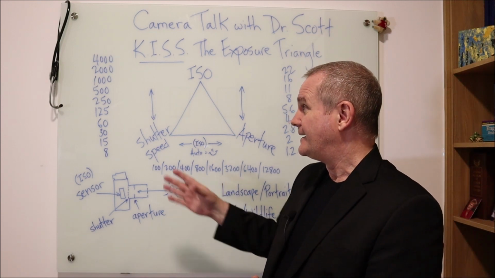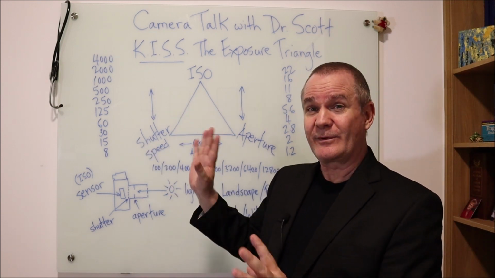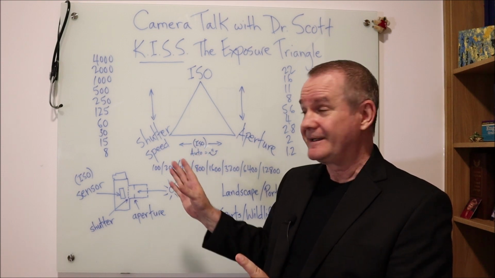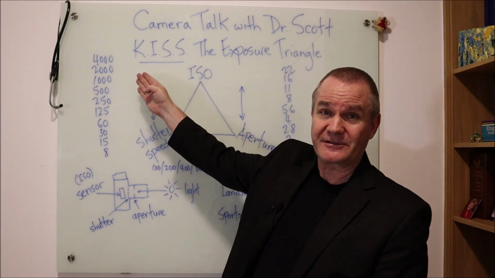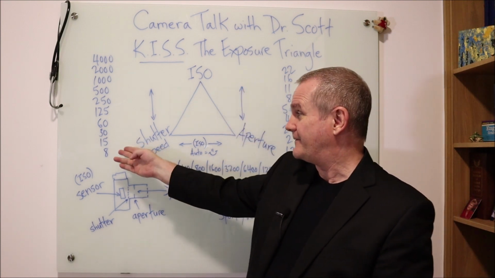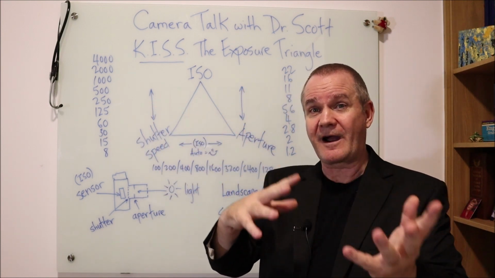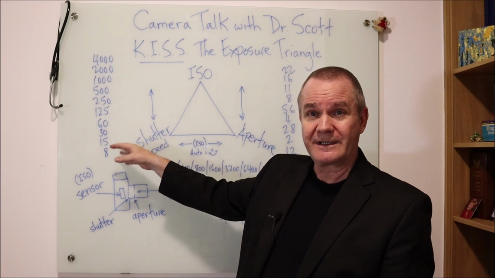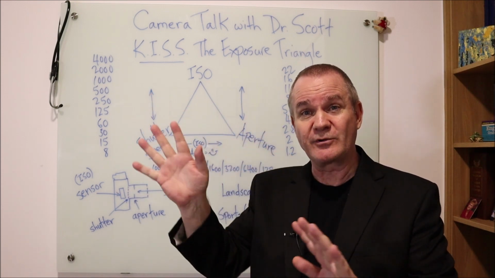So that's with light. Now with things like motion, you need a faster shutter speed to be able to catch that motion, to freeze it, so to speak. If you take a moving car or a person at slower shutter speeds, you're going to get motion blur.